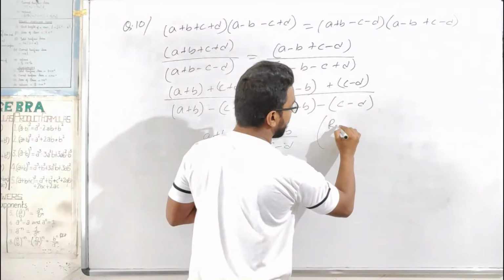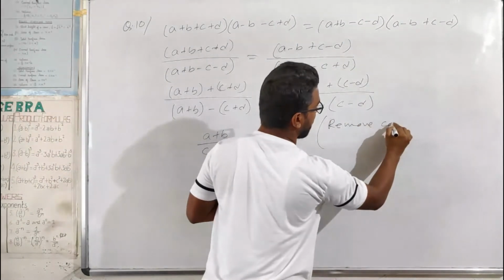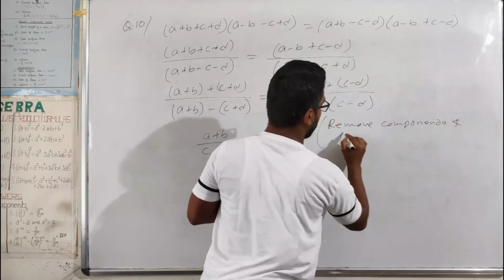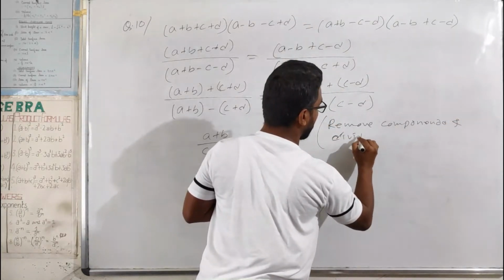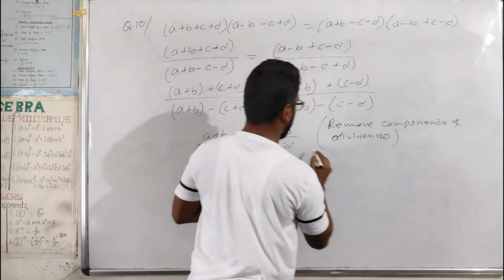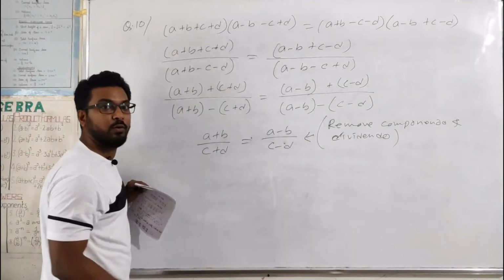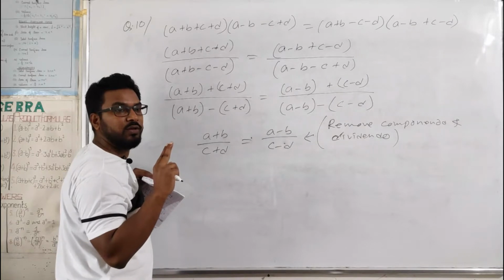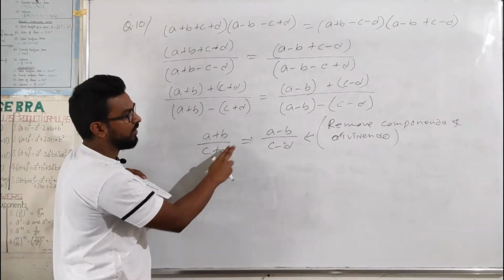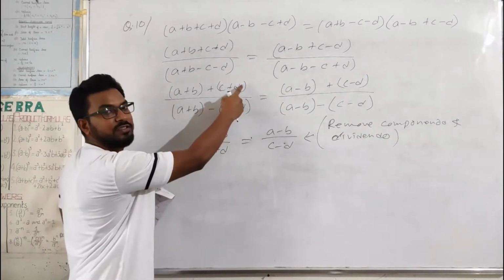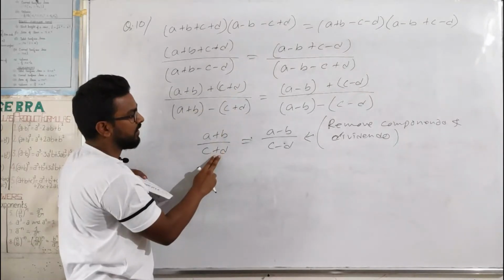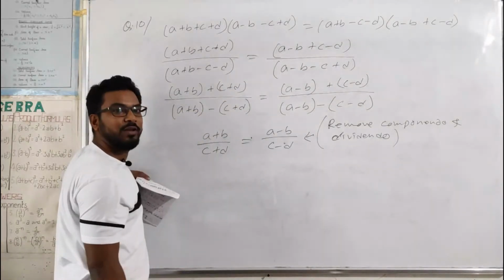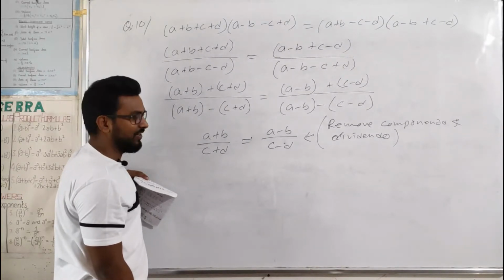If you remove componendo and dividendo, it will become this one. Now what is componendo and dividendo? If you add the denominator to the numerator, it will become this, right? And if you subtract the denominator from the numerator, it will become this, and that is called componendo and dividendo.